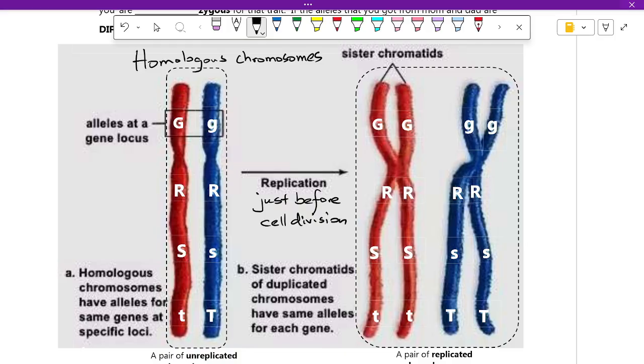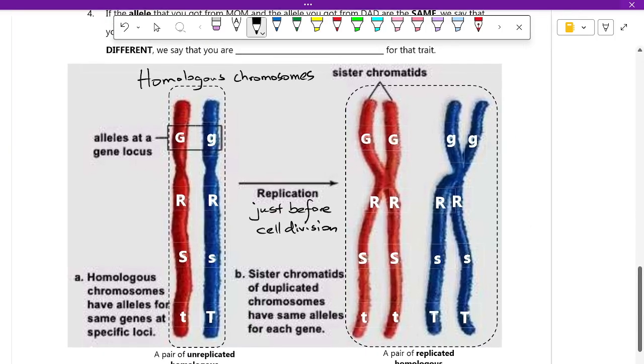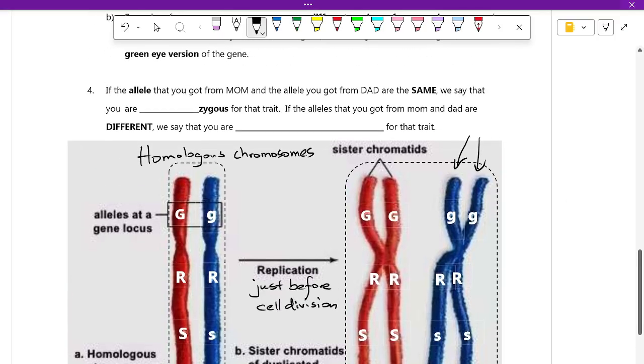So you have 2 copies of each chromosome. 1 is going to go to each new daughter cell. So you have why am I saying 1 copy?